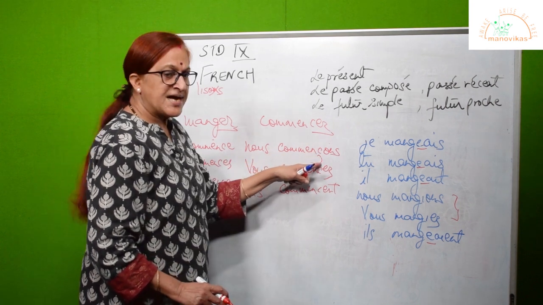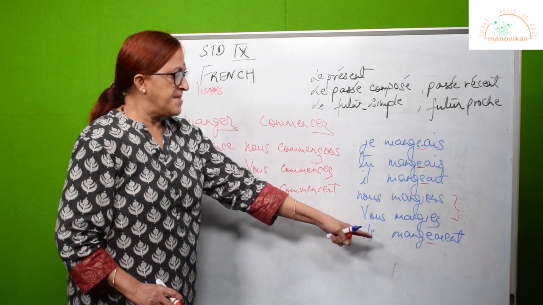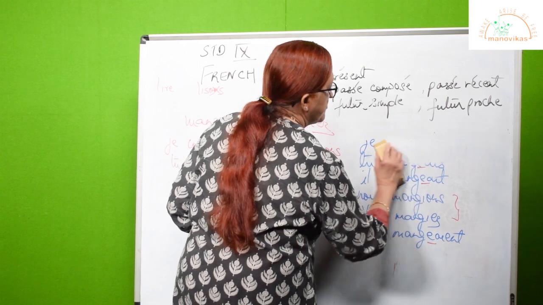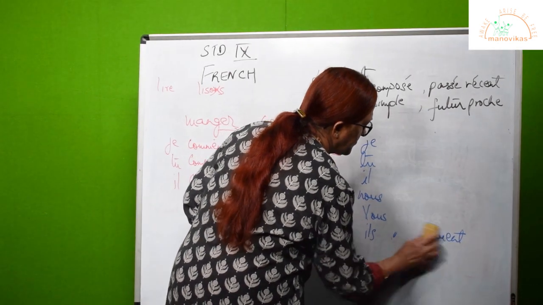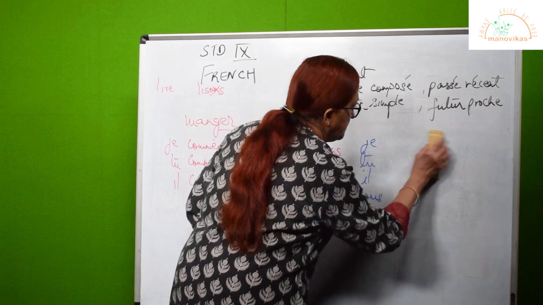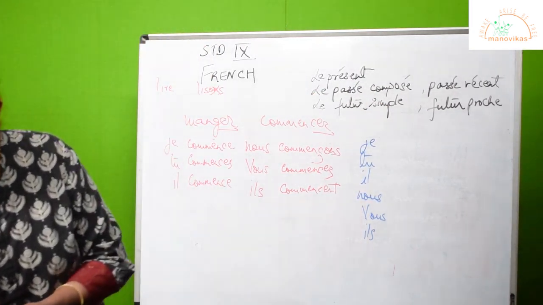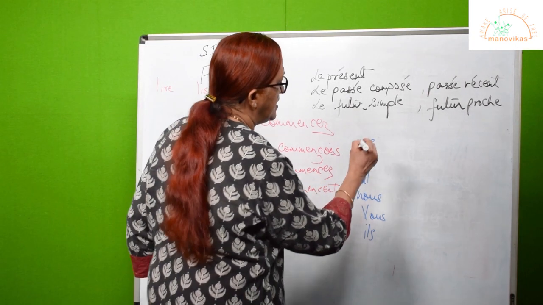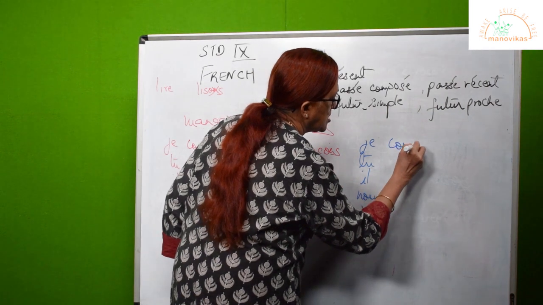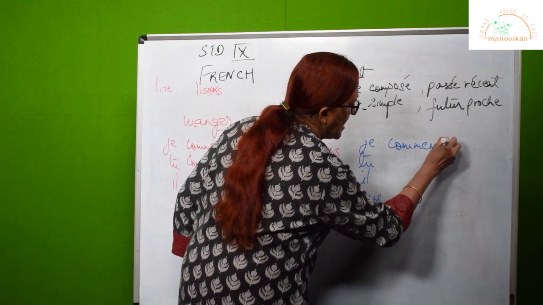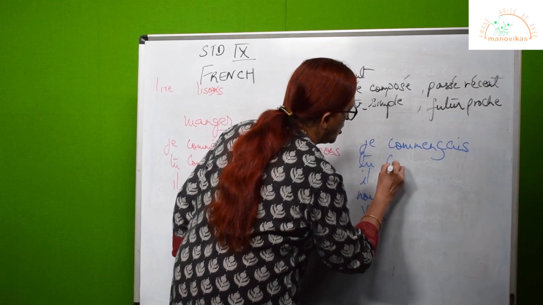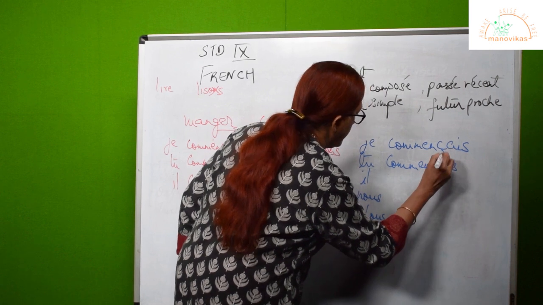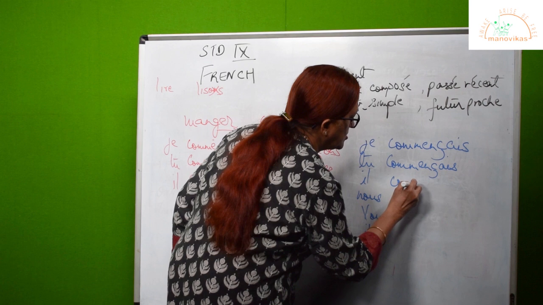So, what will happen to that verb now when we make the imperfect? When we make the imparfait of commencer, you will retain the cedilla in all the forms except nous and vous. For example, je commençais, tu commençais, il commençait.